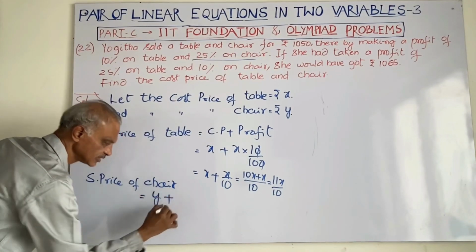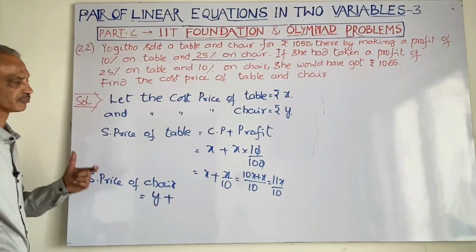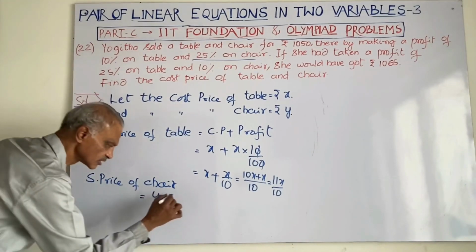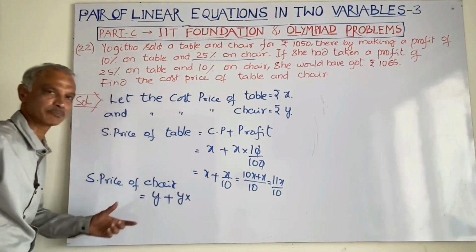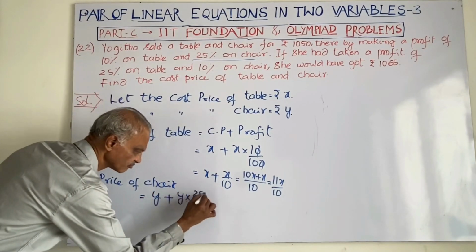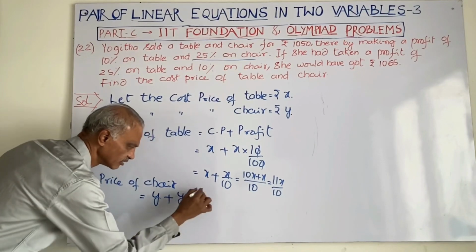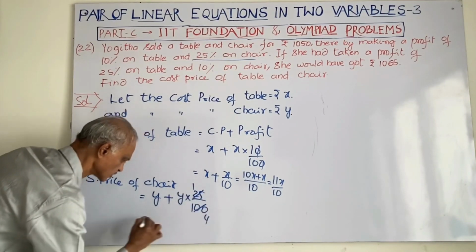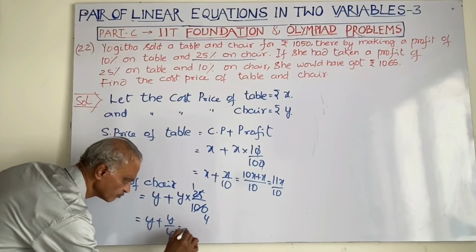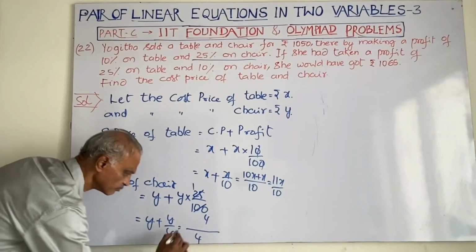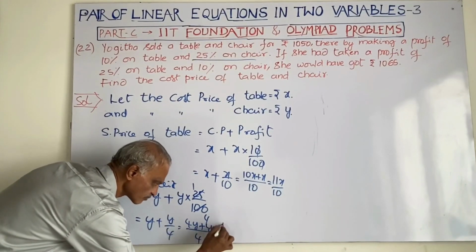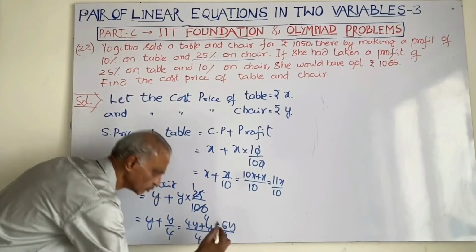Y plus 25% profit on chair means cost price. What is the profit on cost price? It is 25%, means 25 by 100. 25 ones are 25, 25 fours are 100. You are getting y plus y by 4. If you take LCM, 4 is the LCM, you will get 4y plus y means 5y by 4.